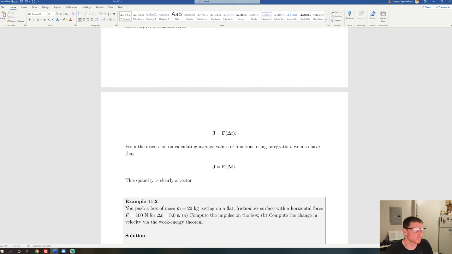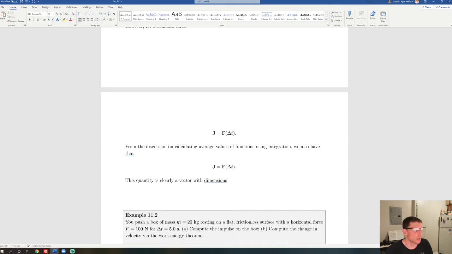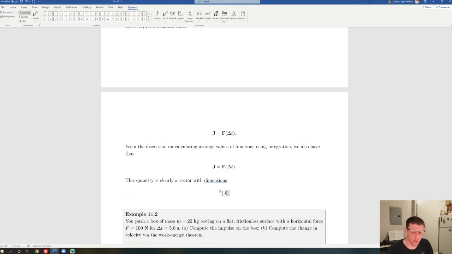And so let's talk about the dimensions. Maybe you all realize this already, but obviously it should have the same dimensions as momentum. But we can still do this. So we have that it is a force, or I should say a magnitude of force, times a time interval, and then a mass times an acceleration times a time interval.